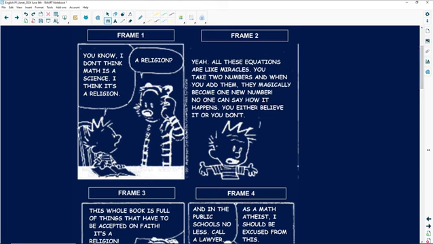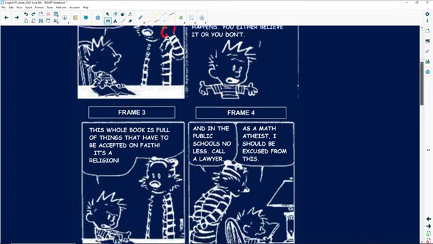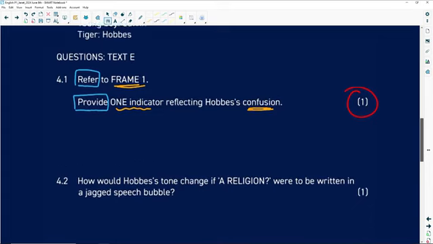So you could talk about the fact that he's got his paw, his finger, up to his head. He appears to be scratching. You could talk about the eyes being very big and sort of looking down in this surprised way. Or you could refer to the question mark there. But just 1. Do 1 and move on.